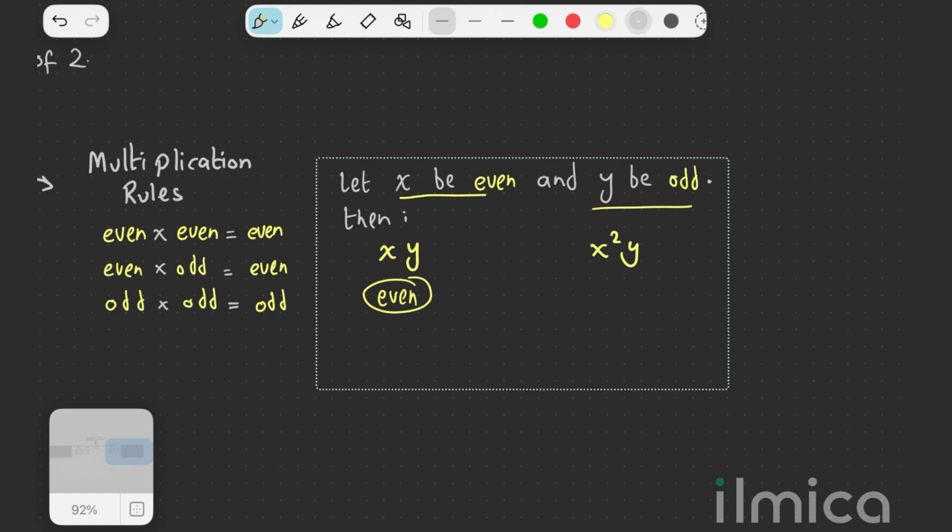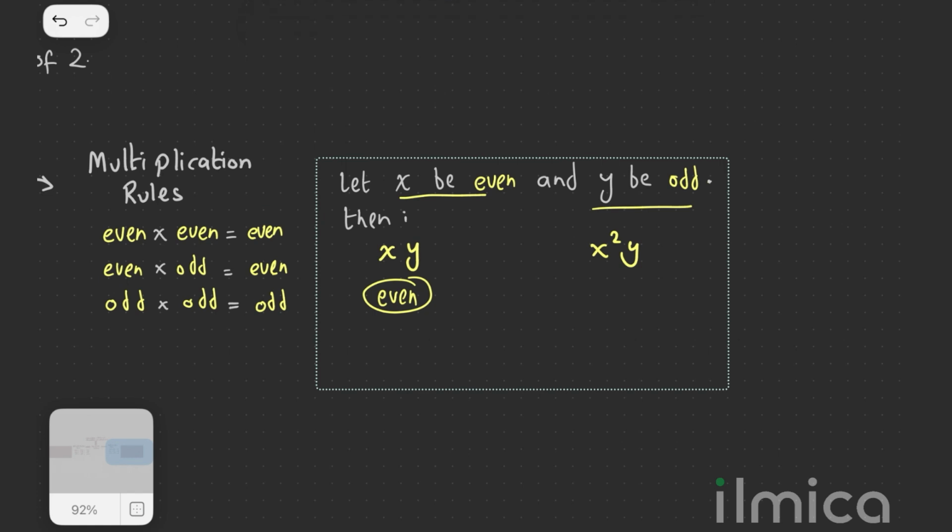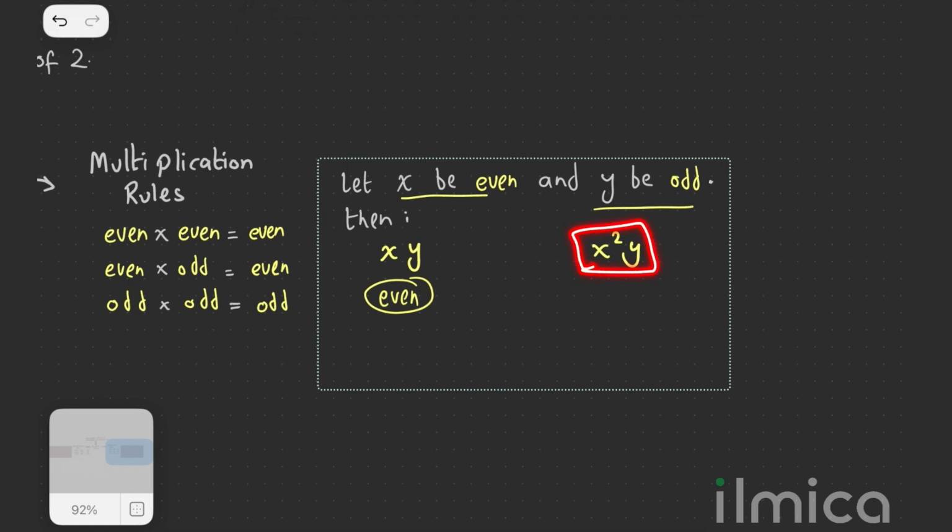The next problem tests what will happen if we get x squared times y. Remember that x squared times y implies x times x times y, right? So x squared basically means that you have to multiply x by itself.